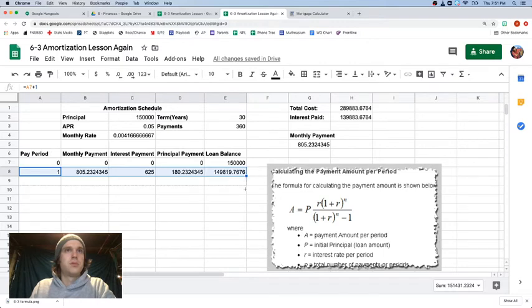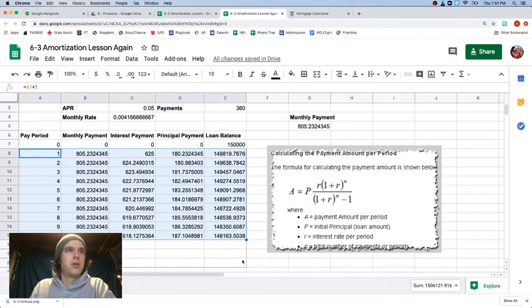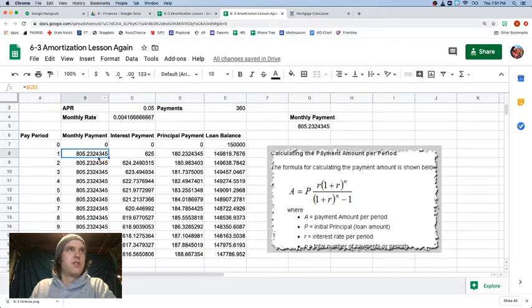Dragging down. 10, 11, 12. So don't forget to put your dollar signs around. Just like I put dollar signs around G5 here, don't forget to put dollar signs around our reference to the monthly rate, C4.